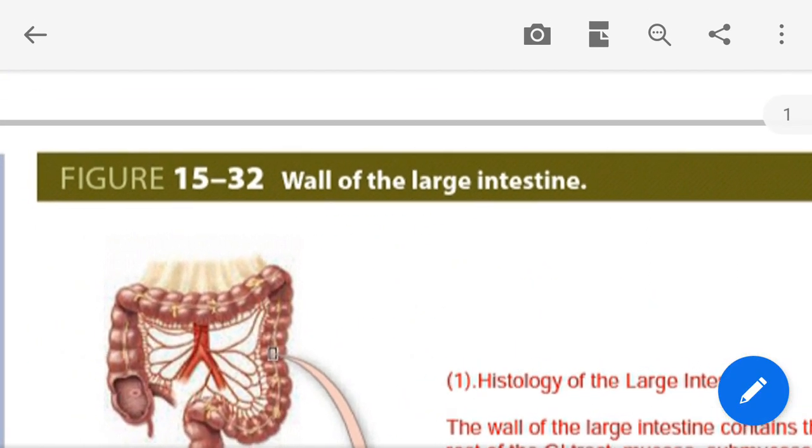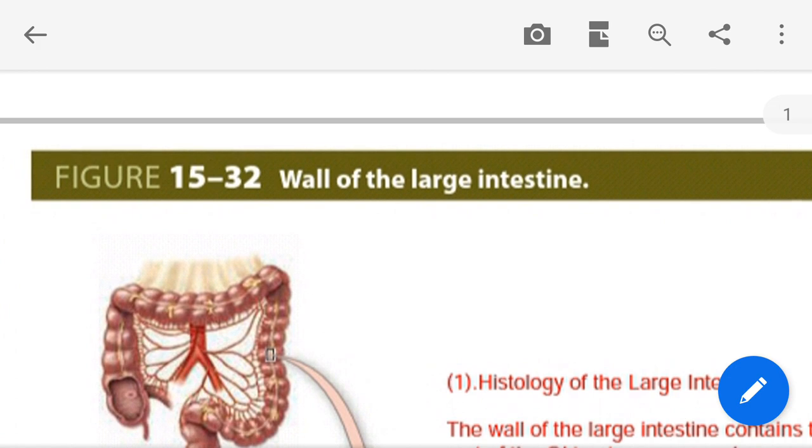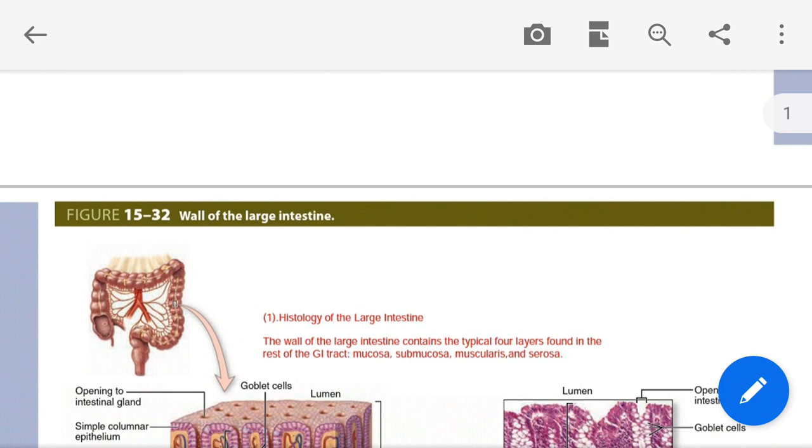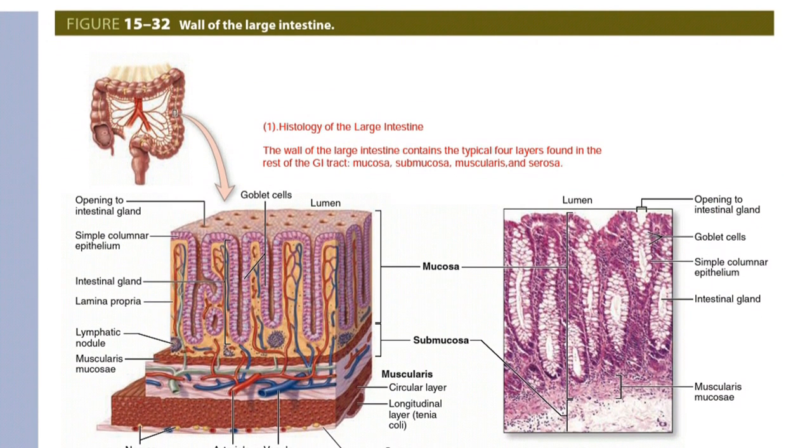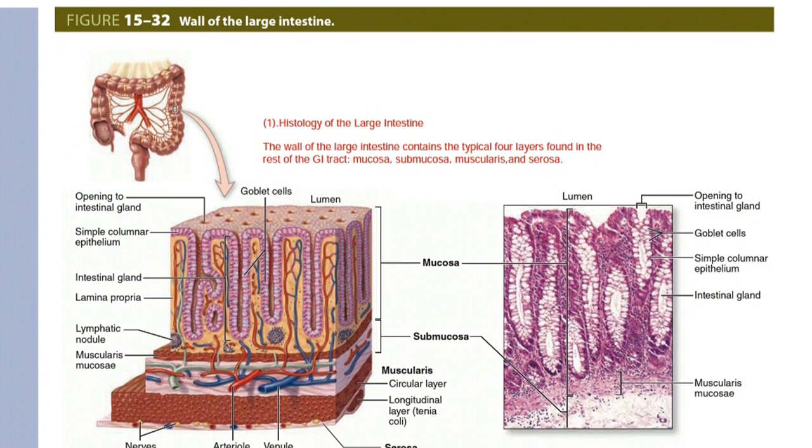In this figure, the wall of the large intestine is shown, and this figure is very important for you because it covers most of the theory points of this presentation lecture.